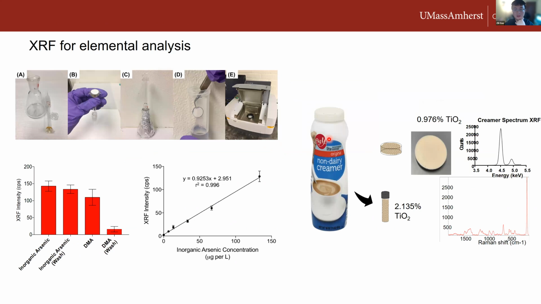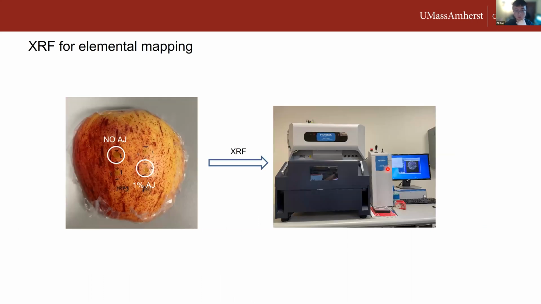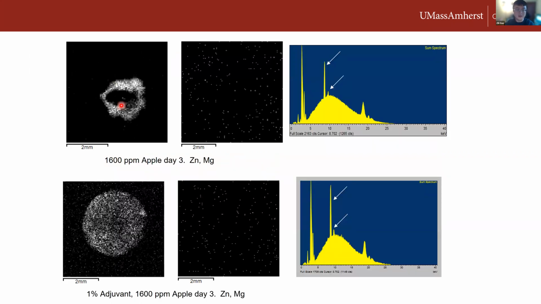Here's one example. We can measure the titanium dioxide with this one. And with this instrument, we can map the element distribution. For example, here I have an ampoule. I dropped some zinc oxide without surfactant on one side and another side with 1% surfactant, and we can see the zinc distribution on the ampoule surface.